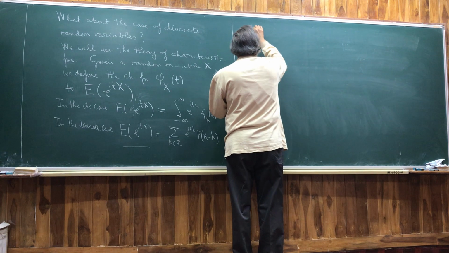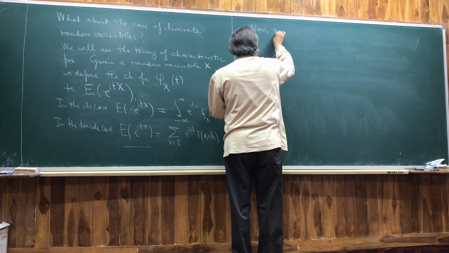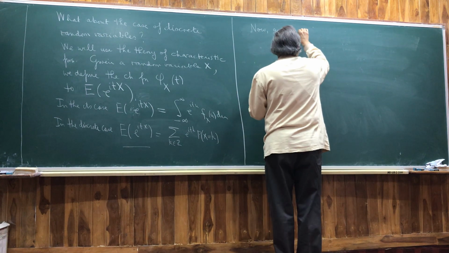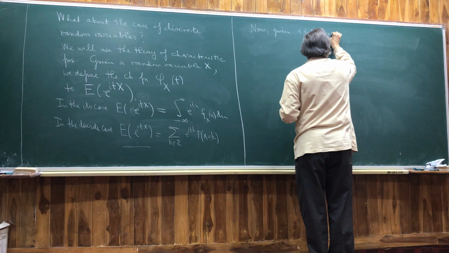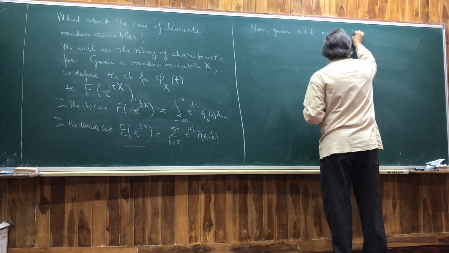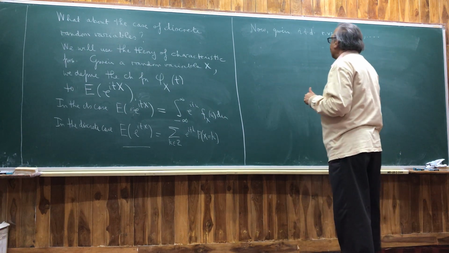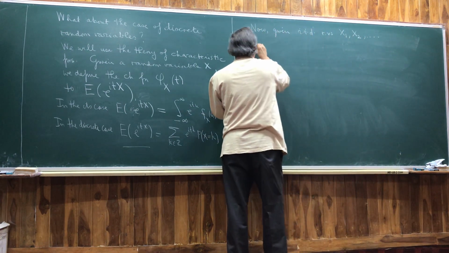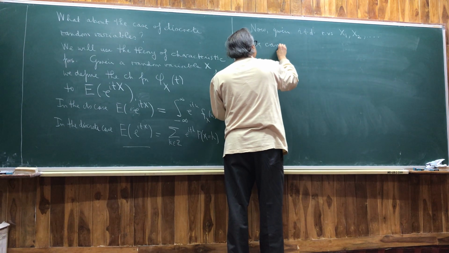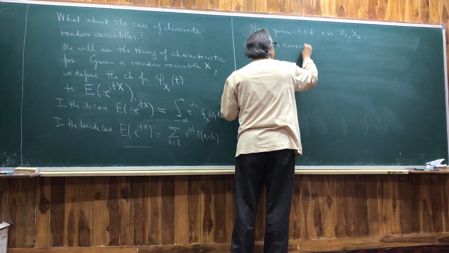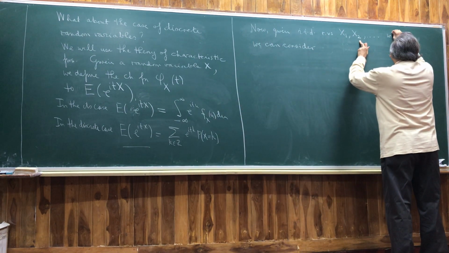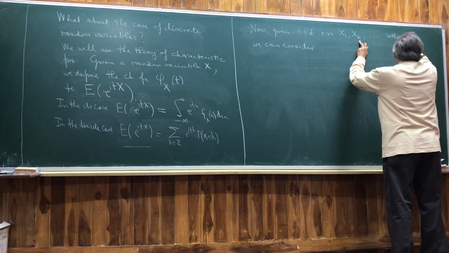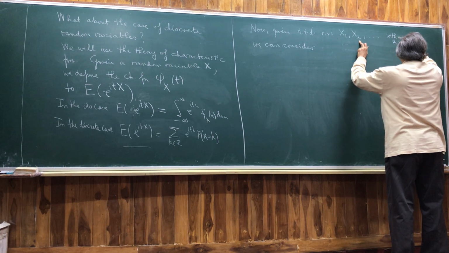So now, given independent identically distributed random variables x1, x2, and so on, let me point out these random variables have mean 0 and variance 1.